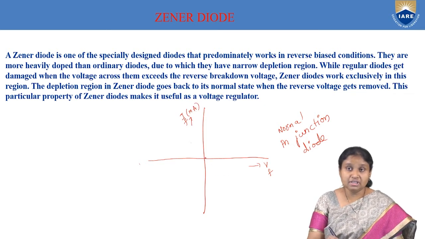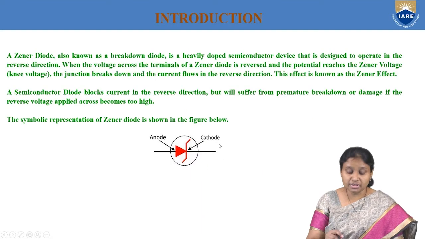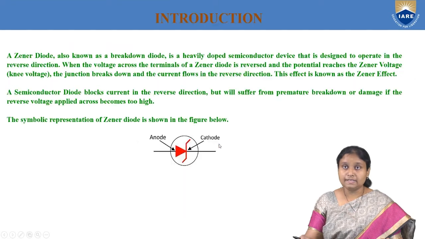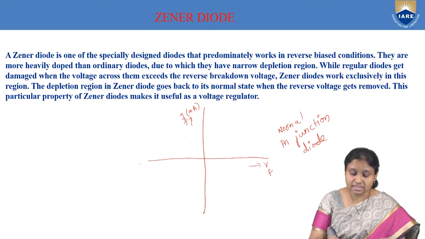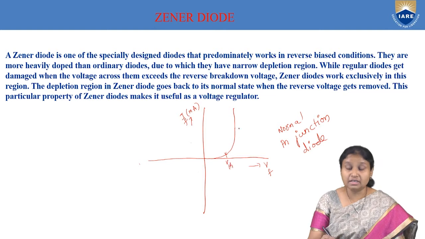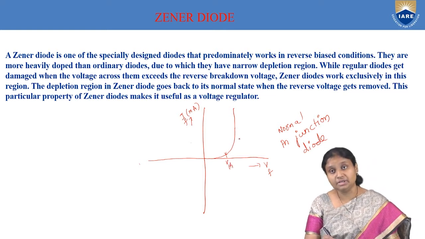Initially, with increasing voltage, the current will be very negligible. After that, at one particular voltage, as I told you, called the threshold voltage or knee voltage, there is a sudden rise in the current because the depletion layer is completely eliminated.